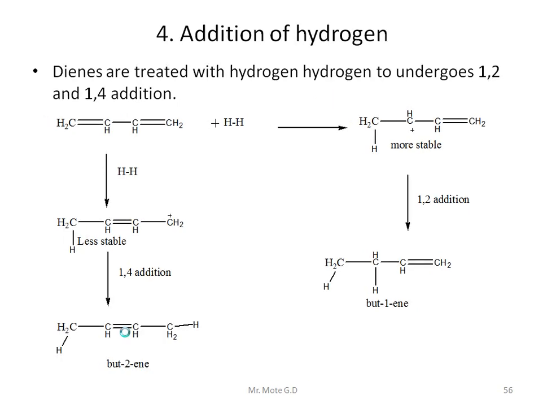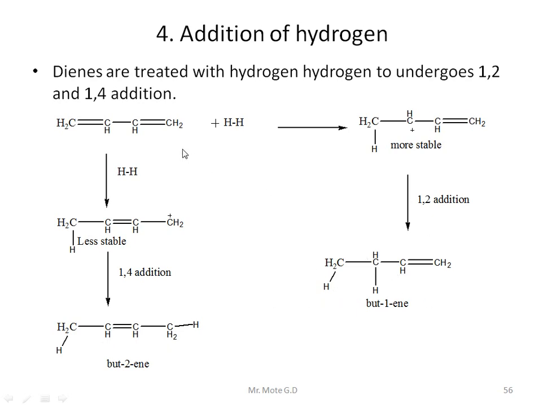Then addition of hydrogen: 1,2 addition to form 1-butene, and 1,4 addition to form 2-butene. Hydrogen goes to there and there to form 2-butene, and hydrogen goes to here and here to form 1-butene. So the major product is 2-butene, and there is less chance for the formation of 1-butene.